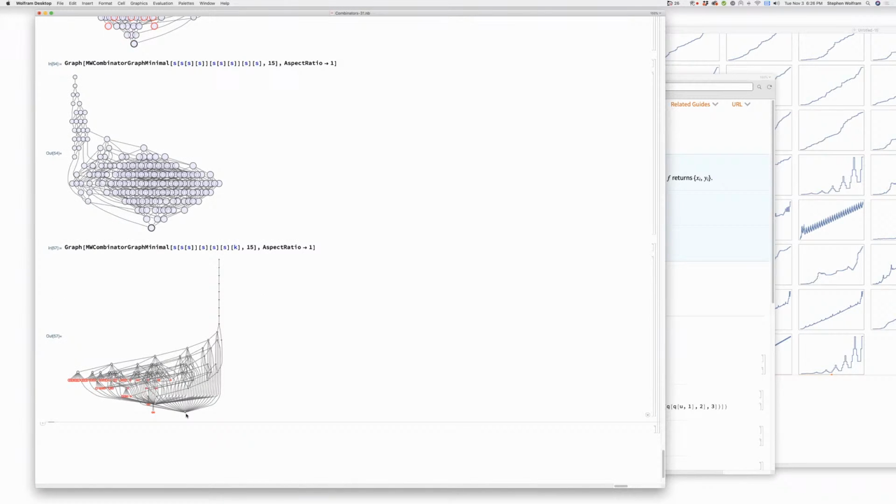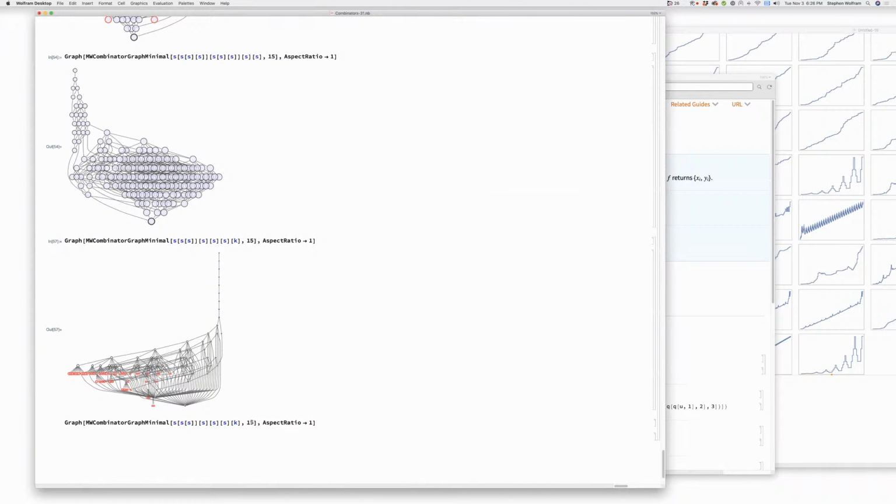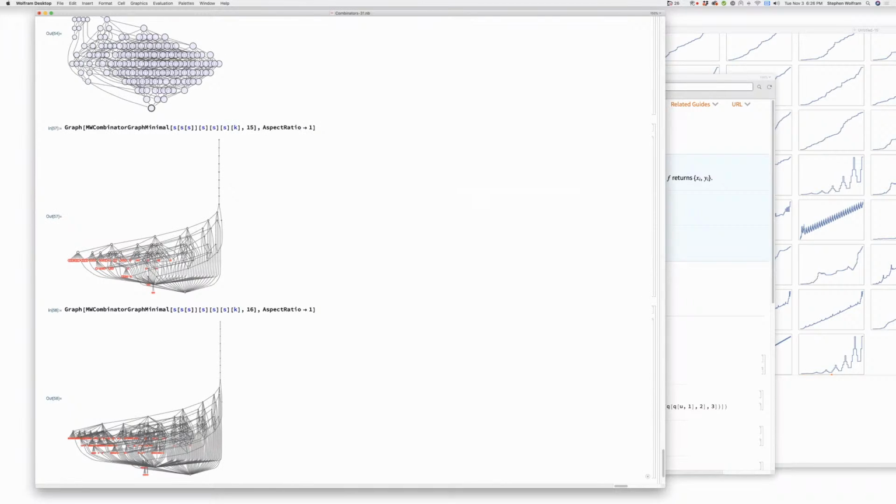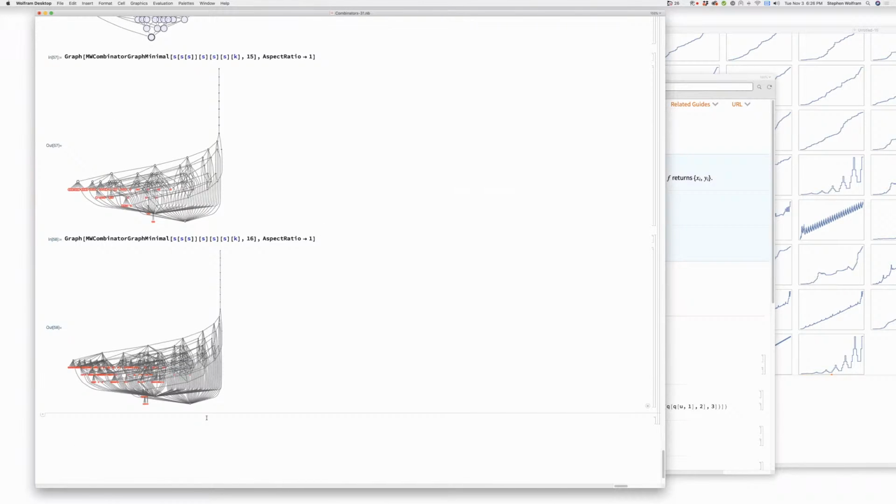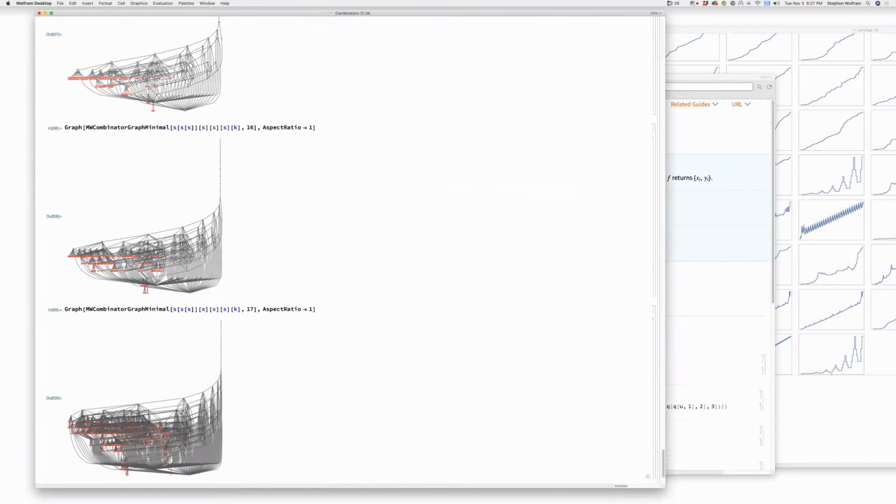Okay, so that's got termination, and it's also got things that are growing unterminated. Okay, so let's go to 16 steps, and it's getting more unterminated stuff. And so the claim is that the unterminated things are growing in number. It's just going to increase the number of unterminated things.